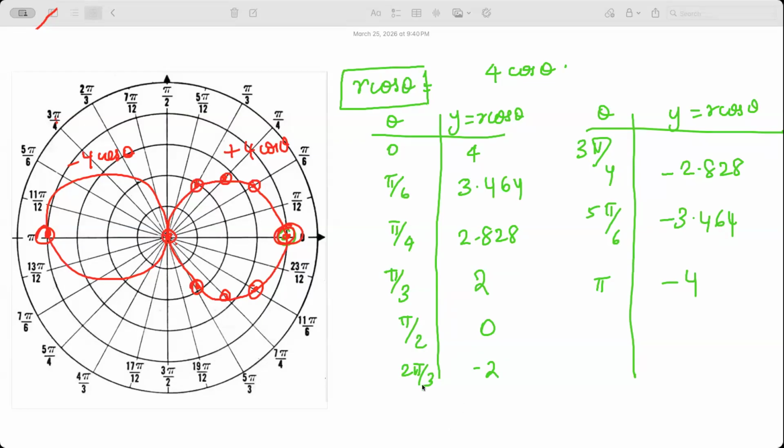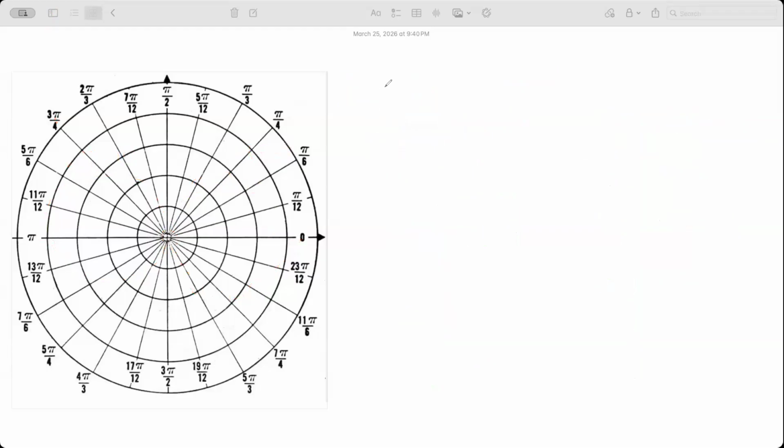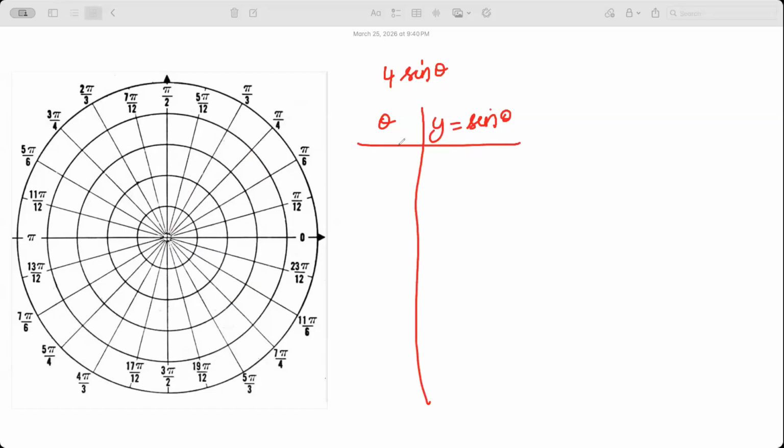Now, same thing if I do it for 4 sin theta. How is the graph going to be? I'm going to do it for pi by 6, pi by 4, pi by 3, pi by 2, 2 pi by 3, and then 3 pi by 4, 5 pi by 6, and then pi.